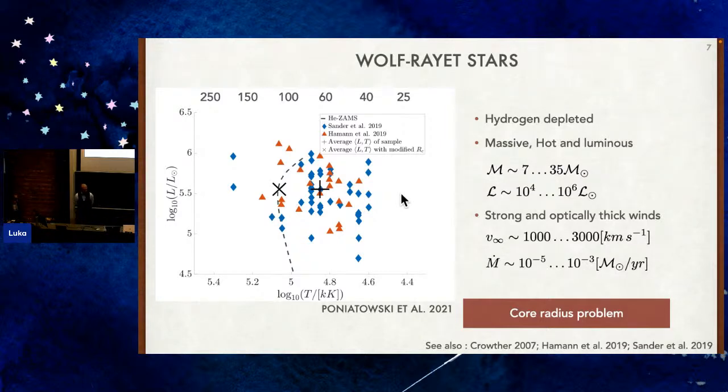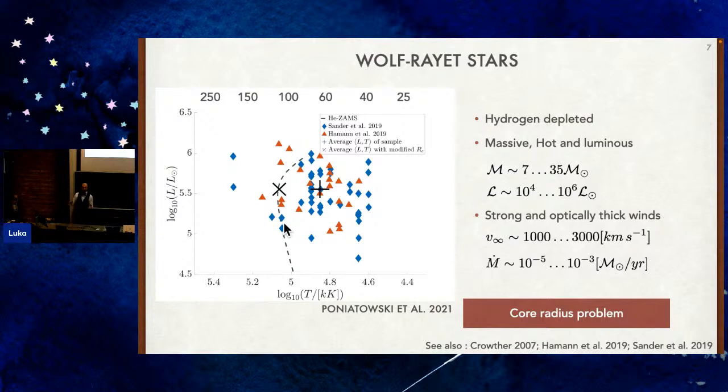On average, indicated by the X mark, although these stars are very hot, they are still not as hot as one would expect from evolution. That would be somewhere beyond the X mark, at even higher temperatures. So we have a discrepancy between what we would expect from evolutionary tracks and what we observationally infer.